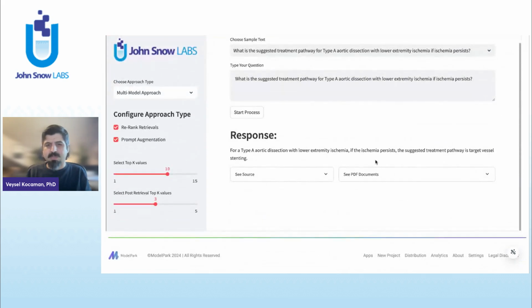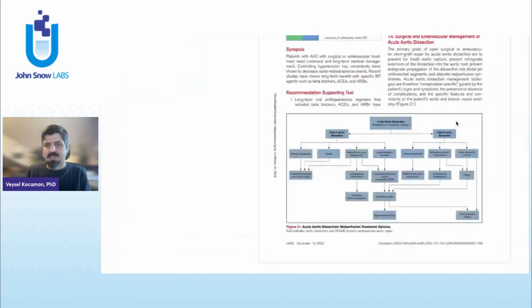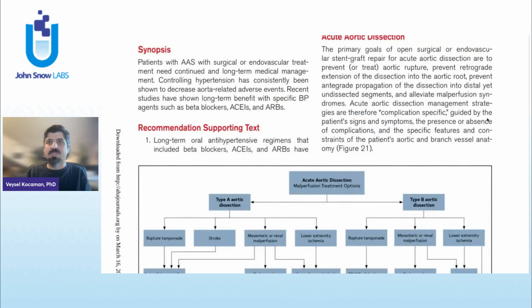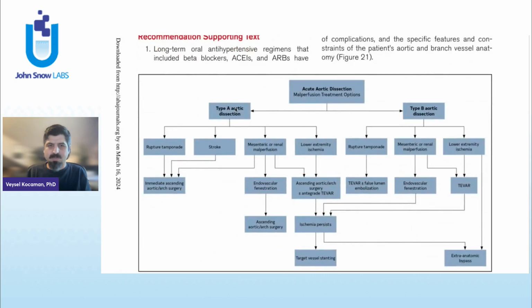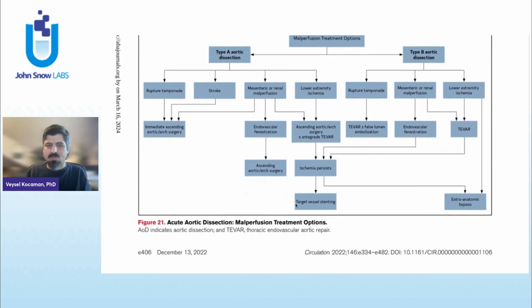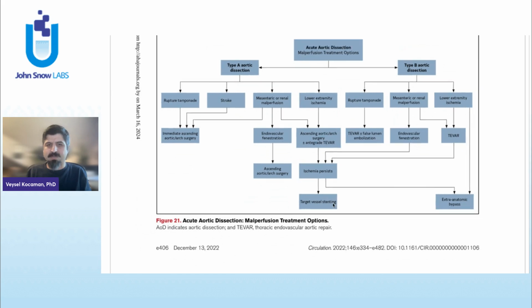And it again comes from this, because the question is type A aortic dissection, and if the lower extremity ischemia persists, right? So it needs to follow this and then lower extremity, and it persists. So the answer should be target vessel stenting.